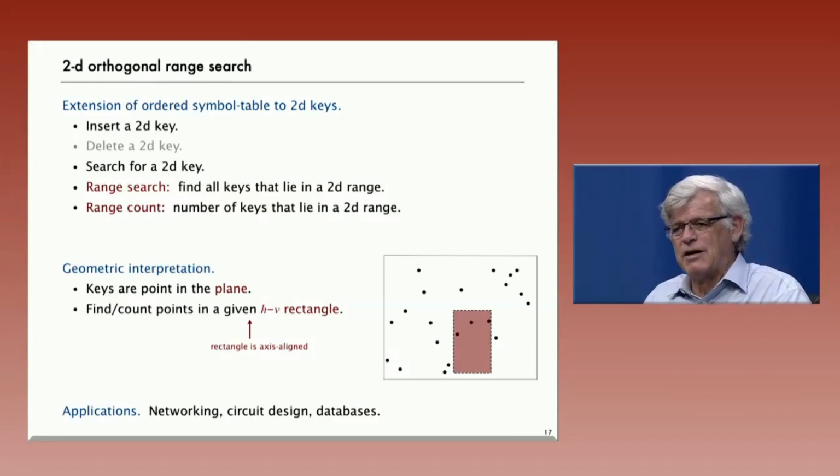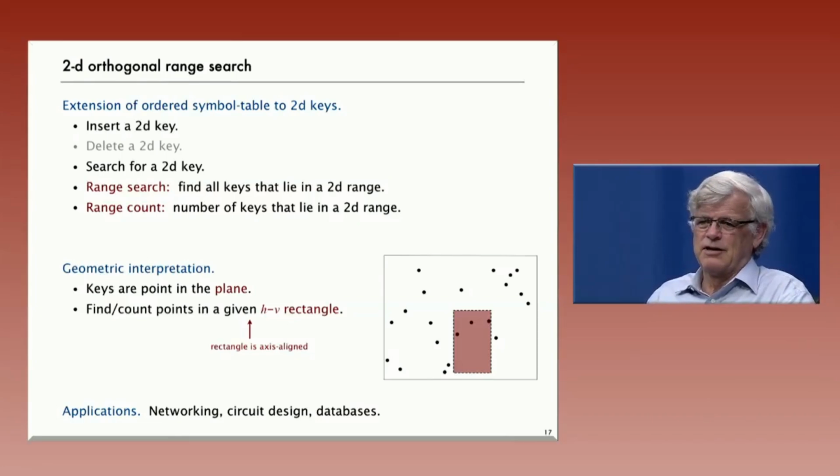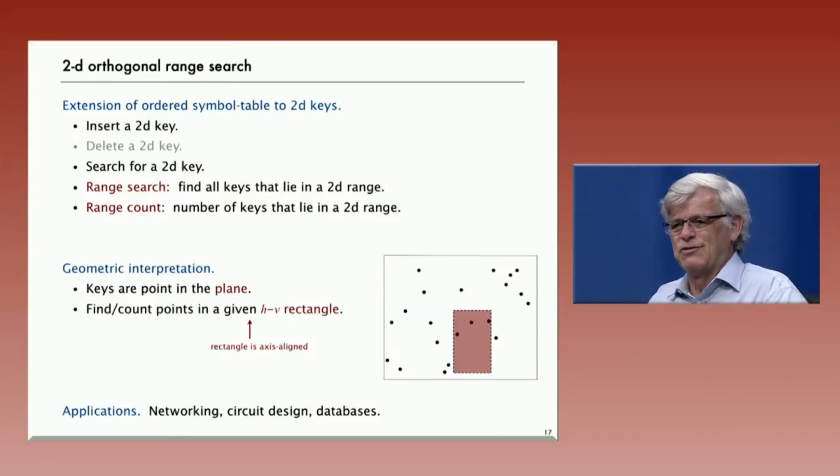And we want to be able to find or count the points in a given rectangle. This has many, many applications, and we'll talk about some of them later on. Even if it's not points in the plane, say in databases, you might ask for all the people with incomes between 1 million and 10 million who are between 40 and 50 years of age.